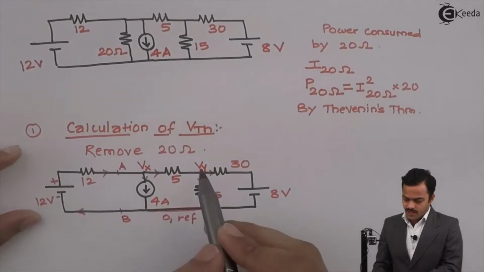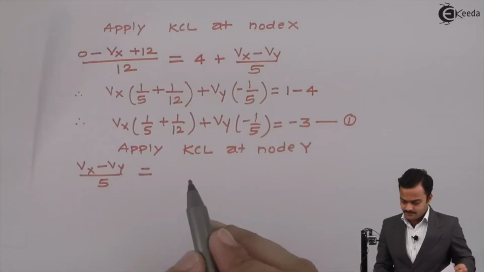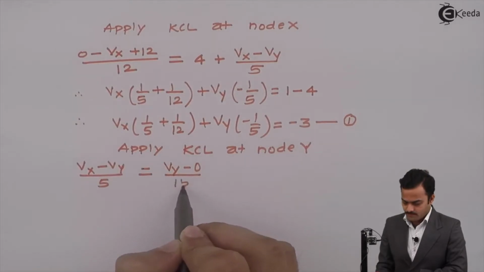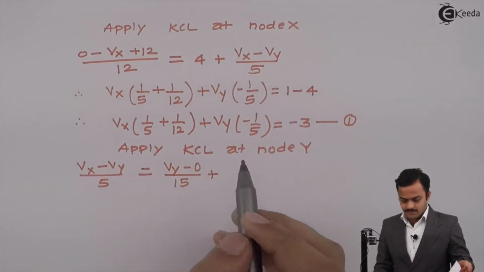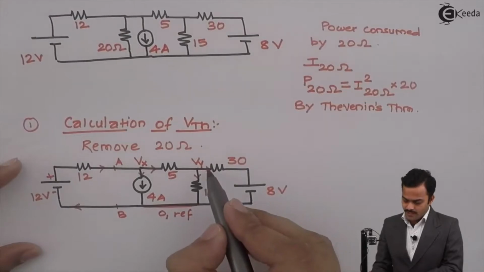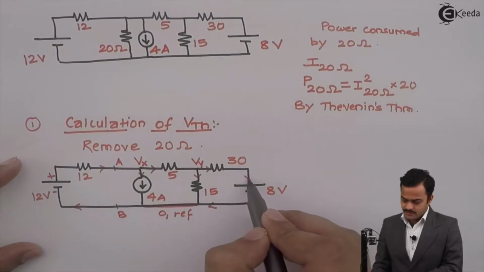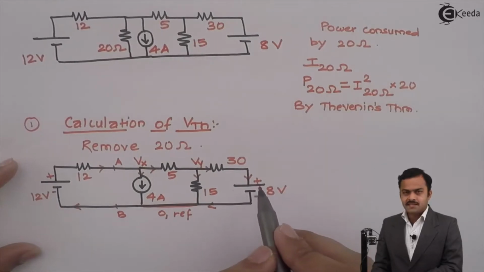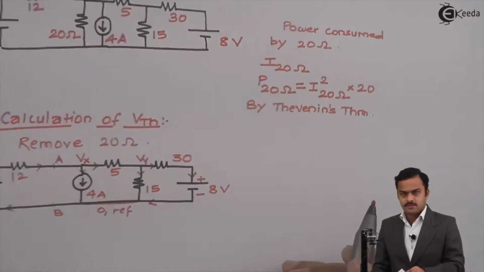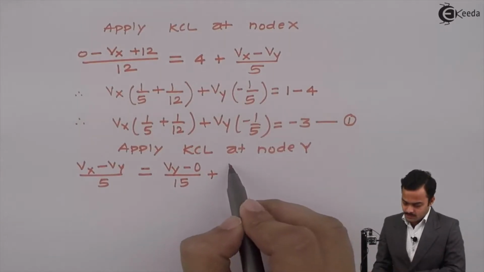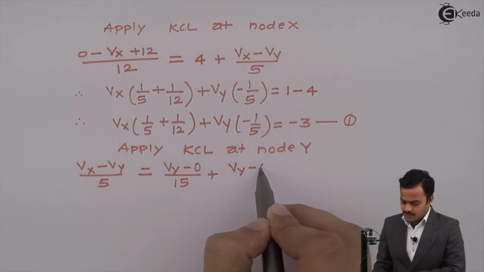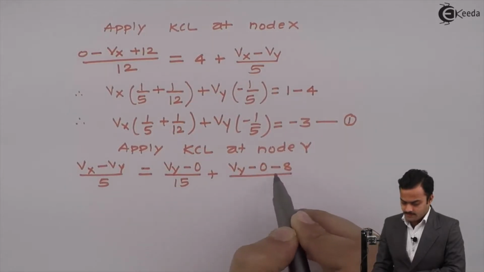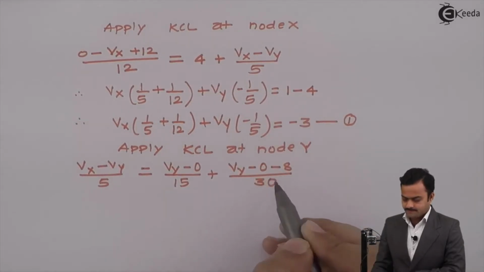One is starting at Y, ending on reference, having a resistance 15 ohm. Another current is starting at Y, ending on reference, and in this direction of current there is a voltage source of 8 volt which is changing polarity from plus to minus. So keeping this in mind, you will get the equation: Vy minus 0 minus 8, divided by 30.